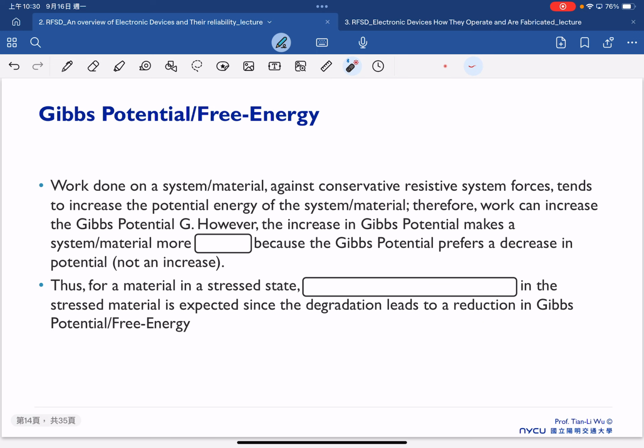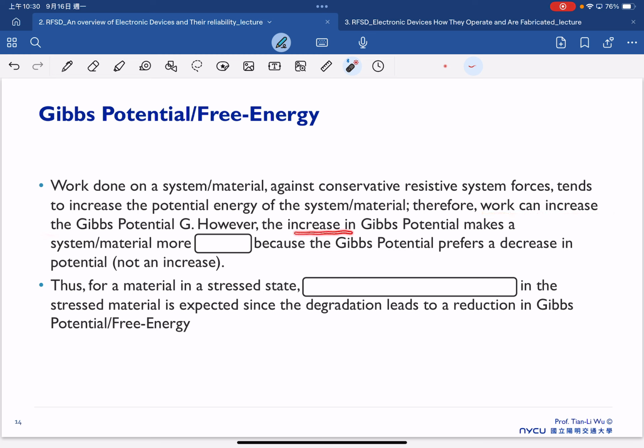Okay, so the work done by the system material against conservative resisting system forces tends to increase the potential energy of the system material. Therefore, work can increase the Gibbs potential.